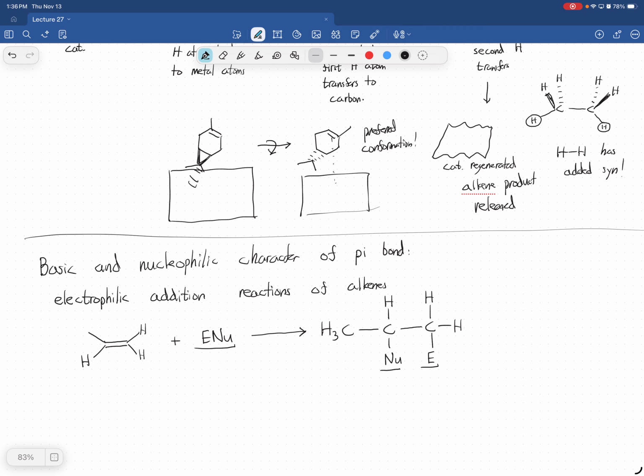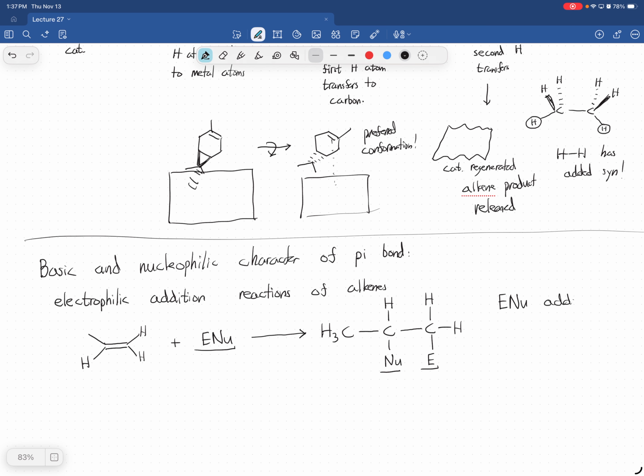You see how those atoms split up and added across the double bond. So we can say here the molecule E-nucleophile adds across the double bond.